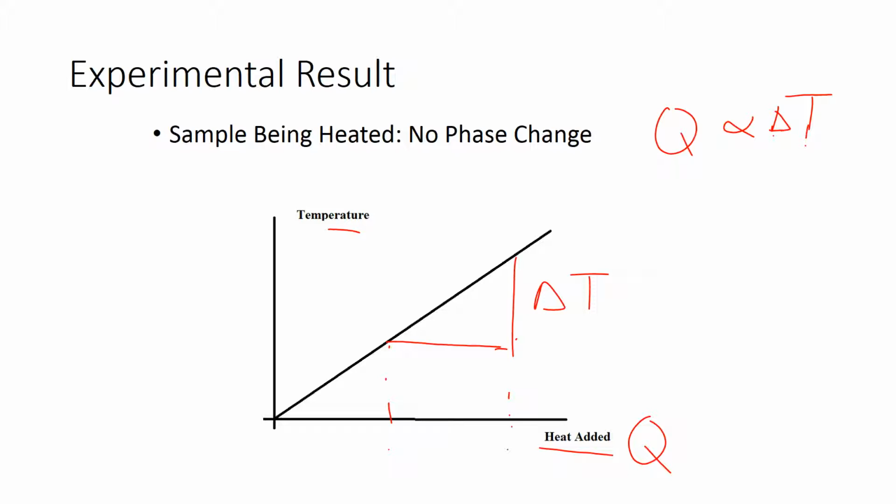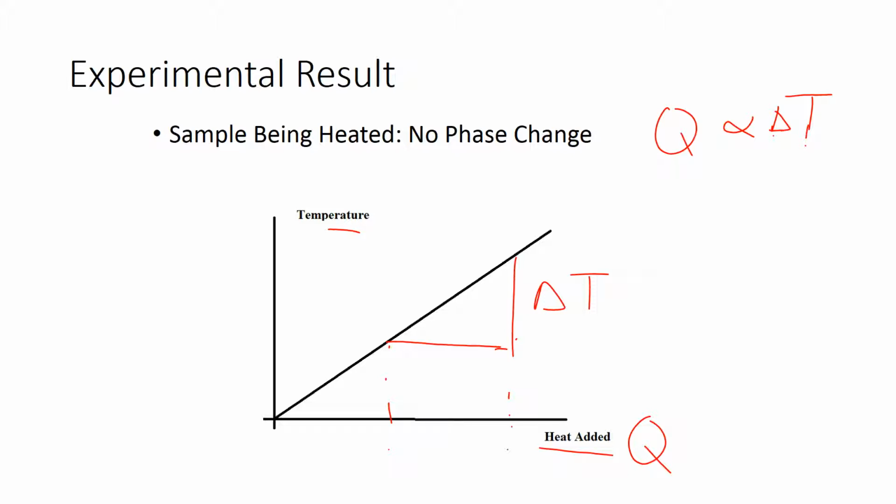So now we know that the line, because it's a line, has a constant slope, and we can think about what that slope might be related to, and we can do experiments to figure it out so we can change our proportional sign to an equal sign. The first thing that would make sense is it would take a lot more heat to raise the temperature of a large sample than a small sample, so we expect mass to come into play here, and we do the experiment and we find out that it does.